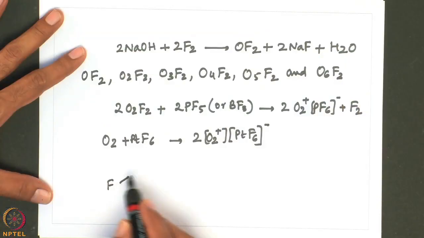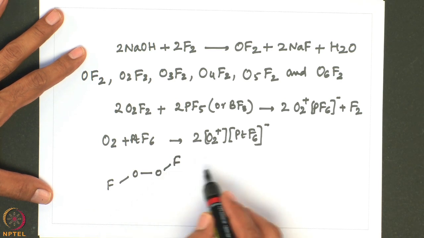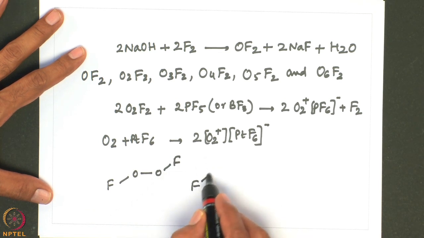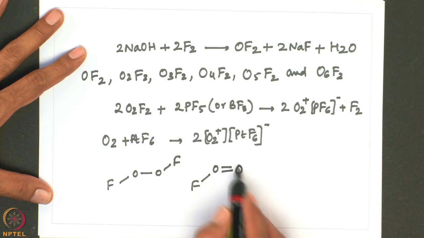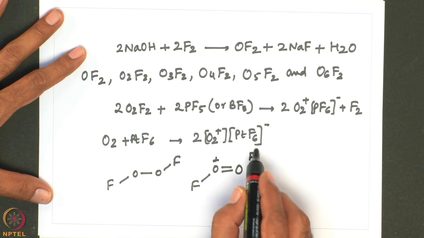I will be discussing the group 18 chemistry, especially that of xenon and krypton, when I proceed to the chemistry of group 18 elements. The structures of some of these oxyfluorides can be seen here. One can also write like this.